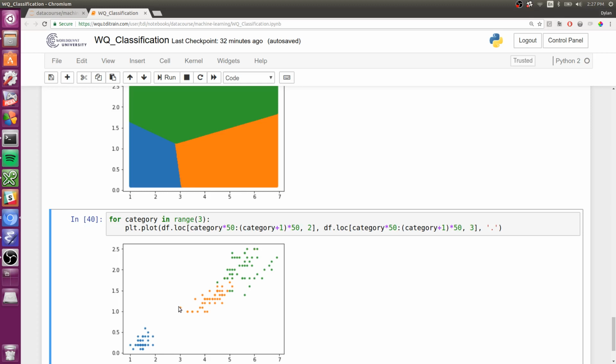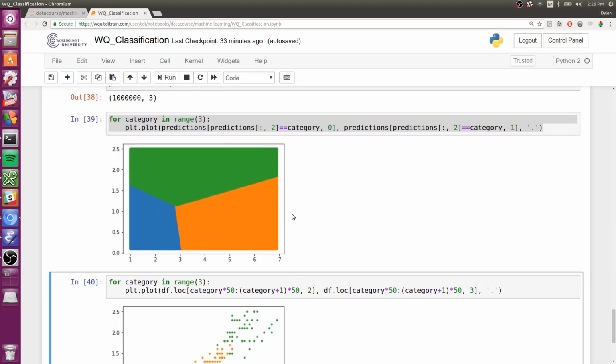And then orange kind of comes along this boundary, maybe like that. And then green is everything sort of above here. Maybe we can plot these together.